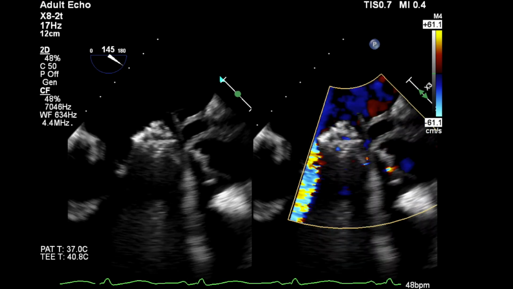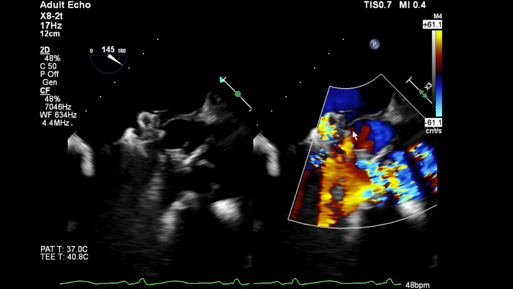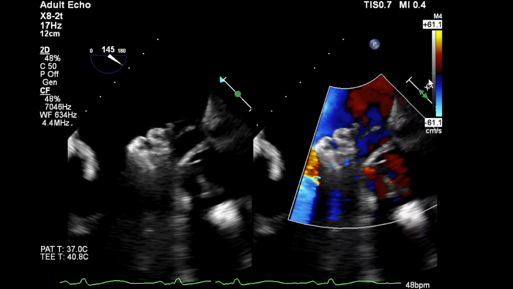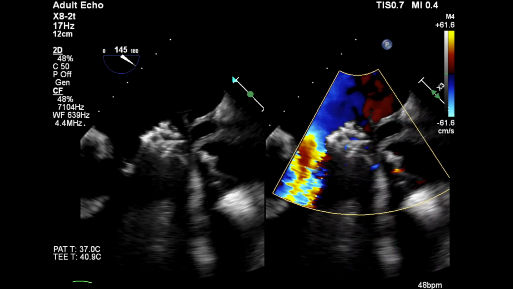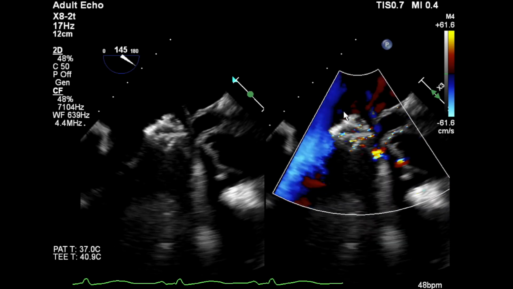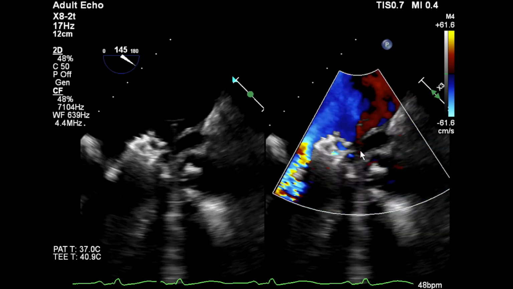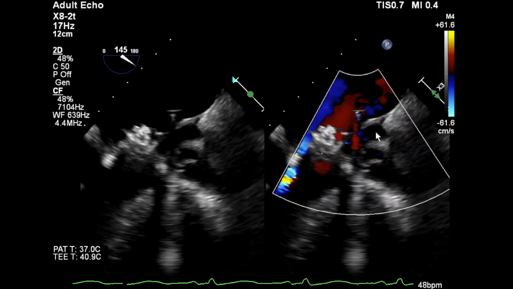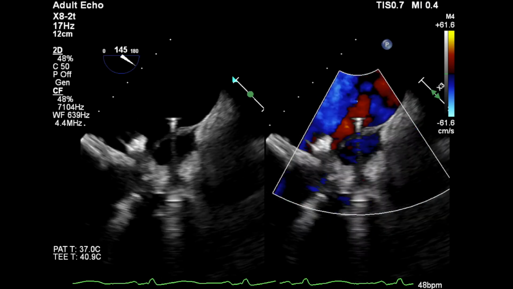You can see just low velocity flows, so that you've got blues and reds, which means that it's very low velocity. There is flow through the device, but hopefully that will improve as they are released. But in terms of this outflow tract, I think it looks already a lot happier, and hopefully this won't cause any issues.